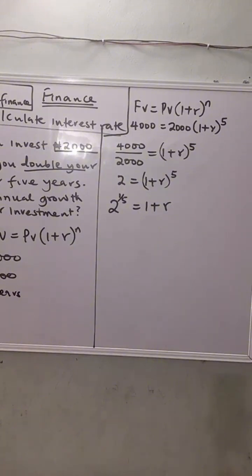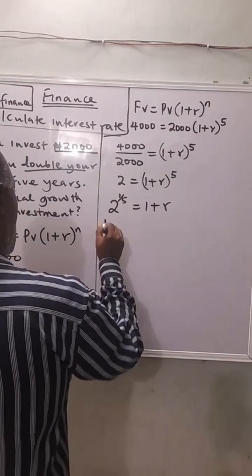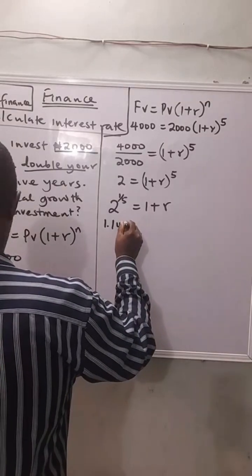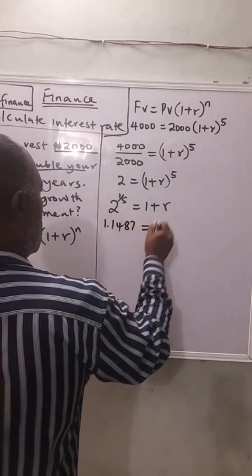Using my calculator here, we have 2 whole number raised to the power of 1 over 5. 1 over 5 is the same thing as 0.2, so 2 raised to the power of 0.2. We'll have 1.1487 equal to 1 plus R.